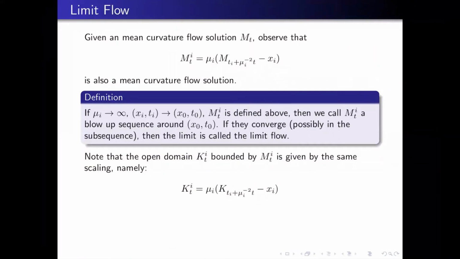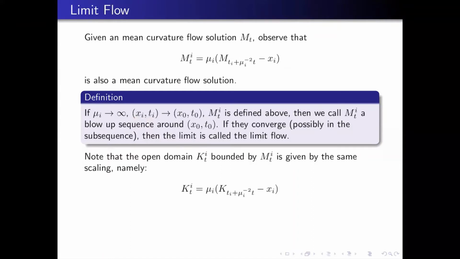Next, let's define the limit flow. Given a mean curvature flow solution M_t, we can always do a parabolic dilation, which is given in this form. We can check that this is also a mean curvature flow solution. And then we define it to be the blow-up sequence if the dilating factor mu_i goes to infinity and the center point converges to a fixed space-time point.